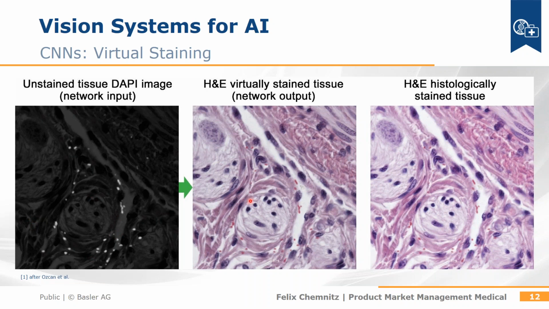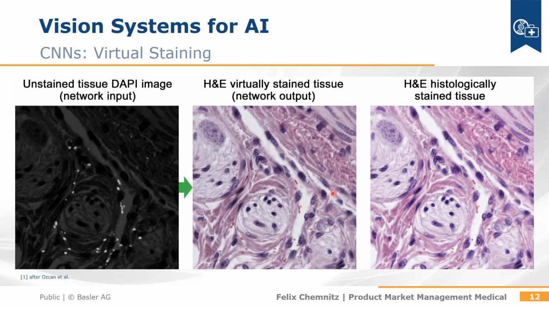And then you have to stain the tissue, an H&E staining with different chemicals to make the inside of the cells and the tissue itself visible. In this case, they showed the CNN the fluorescence image, and afterwards they showed the stained image. By now the network learned to transfer this DAPI or fluorescence image into a virtually stained image.